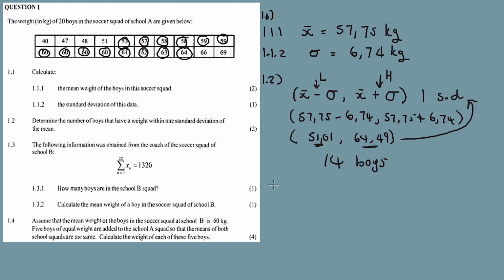Now 1.2, then we go to 1.3. So the following information was obtained from the coach of the soccer squad of school B. The coach of school B's squad represented his information this way.